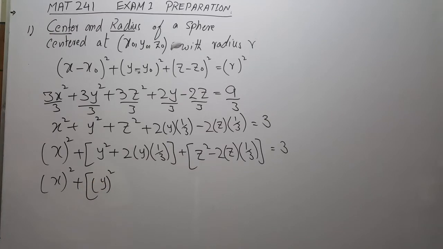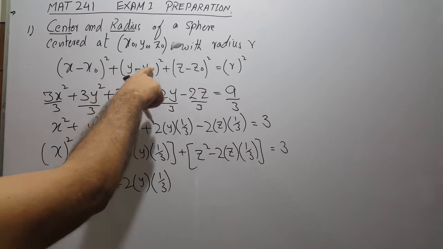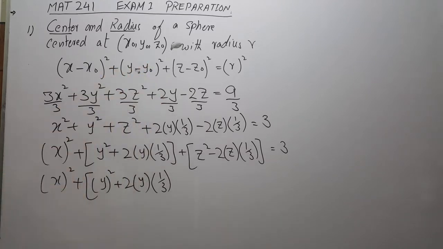Our first is y square, then 2 times the first, which is y, and the second is 1 over 3. So what is the extra term? What would be the second term to make it a square?